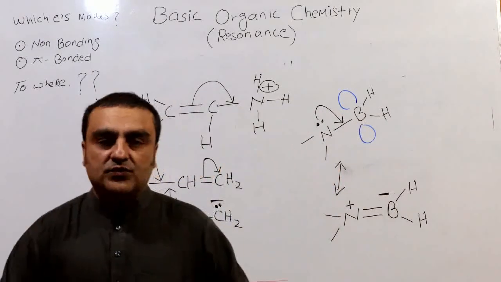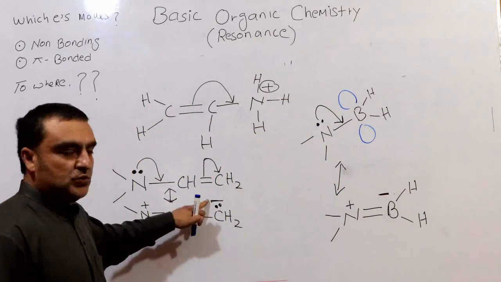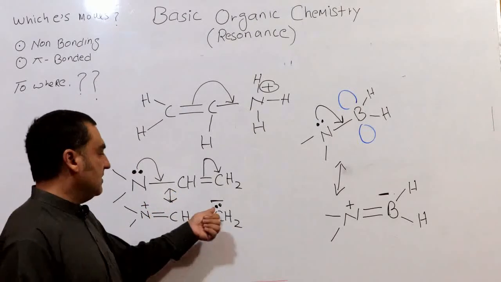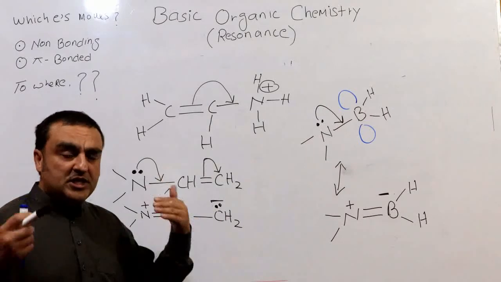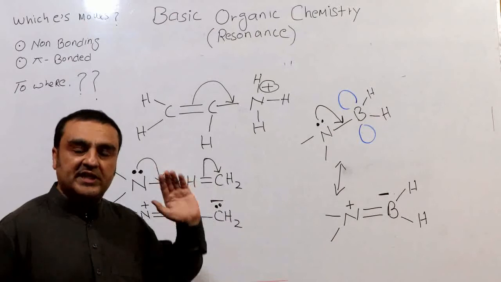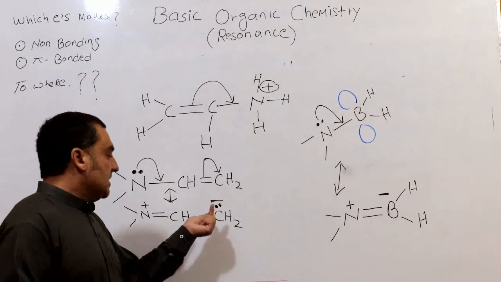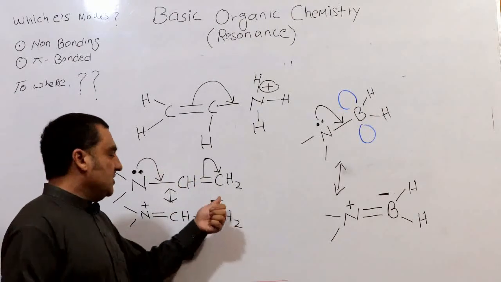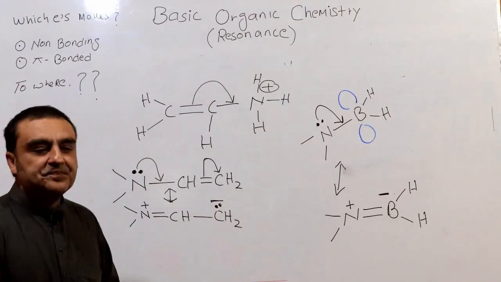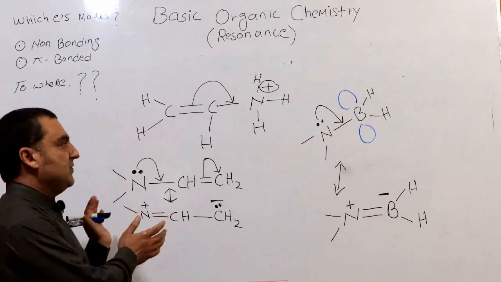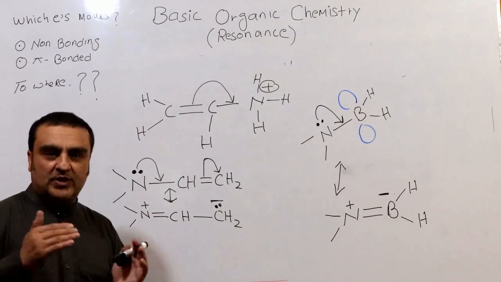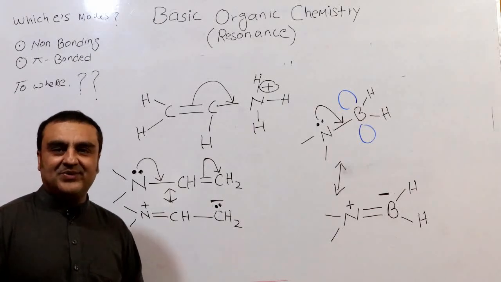So don't be confused with those two things. Some people might be thinking that this is a lone pair, it has a double negative charge, a non-bonding electron and a negative charge. No, just because of those non-bonding electrons you need to write a formal negative charge on it, okay. So this is the very basic of resonance, and I hope you understand it, and thank you very much.